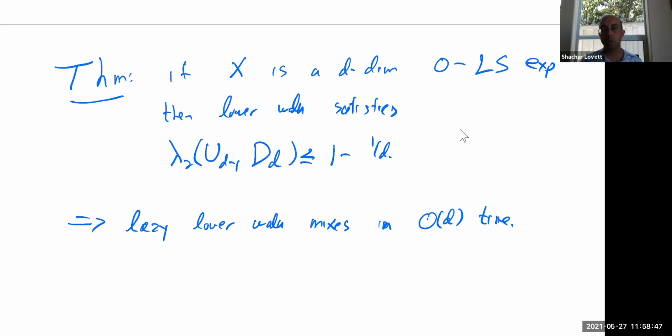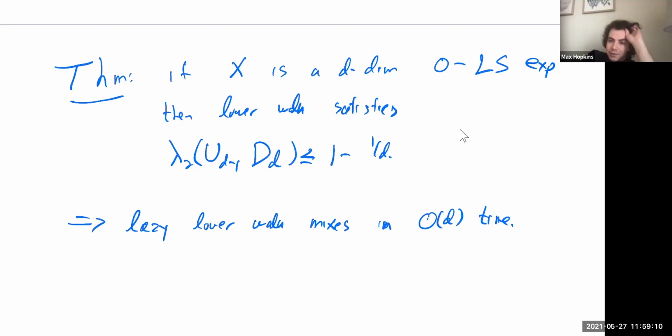So once we get any guarantee that the second eigenvalue is bounded away from 1, if we add the lazy component to the walk that you saw in homework 2, we automatically get a bound on the mixing time of the lazy lower walk. The lazy lower walk would say probably do nothing, probably do a lower walk step. And this makes it fast.